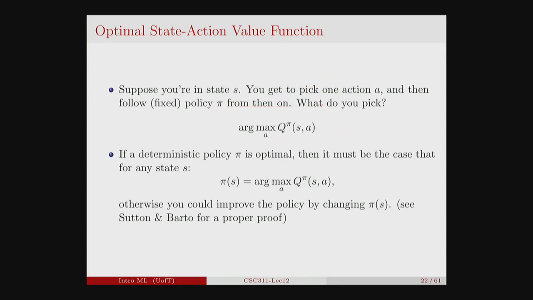So you want to pick the argmax of Q pi S, A over A. So that's the choice of action that you're going to take. So, any questions about this step before we move on?